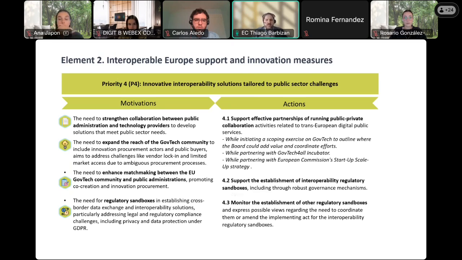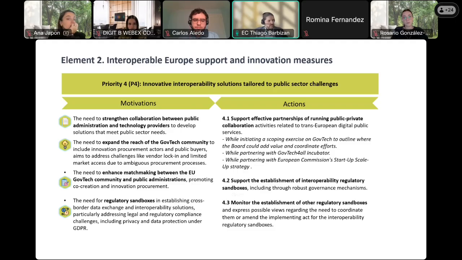As you may know, the AI Act also promotes the establishment of regulatory sandboxes. So here we are looking at what these other sandboxes are achieving as outcomes, and ensuring that there is coordination when one dedicated to interoperability is being carried out.